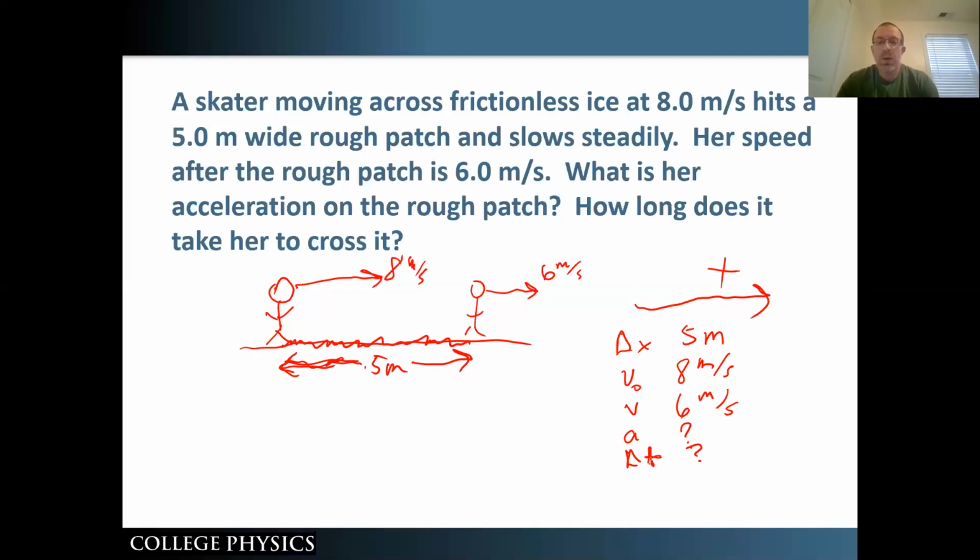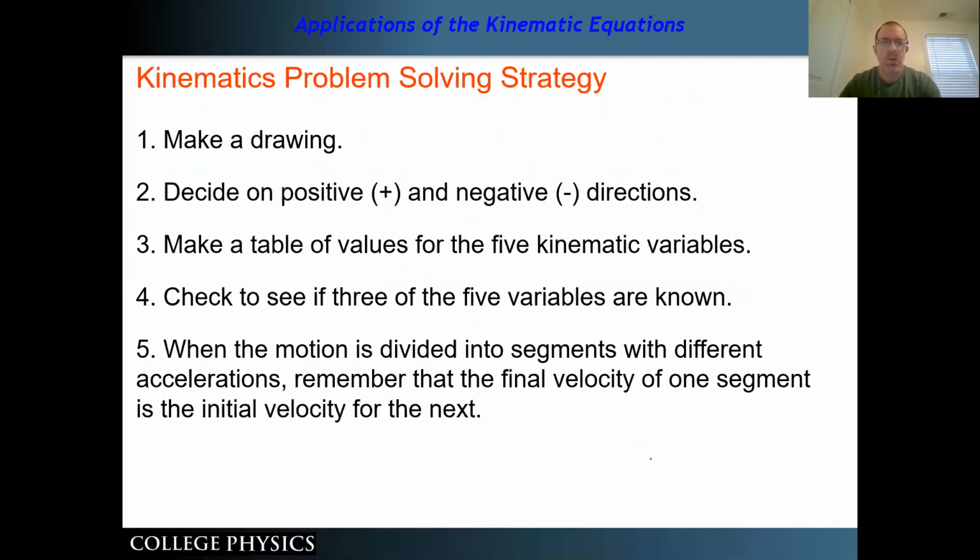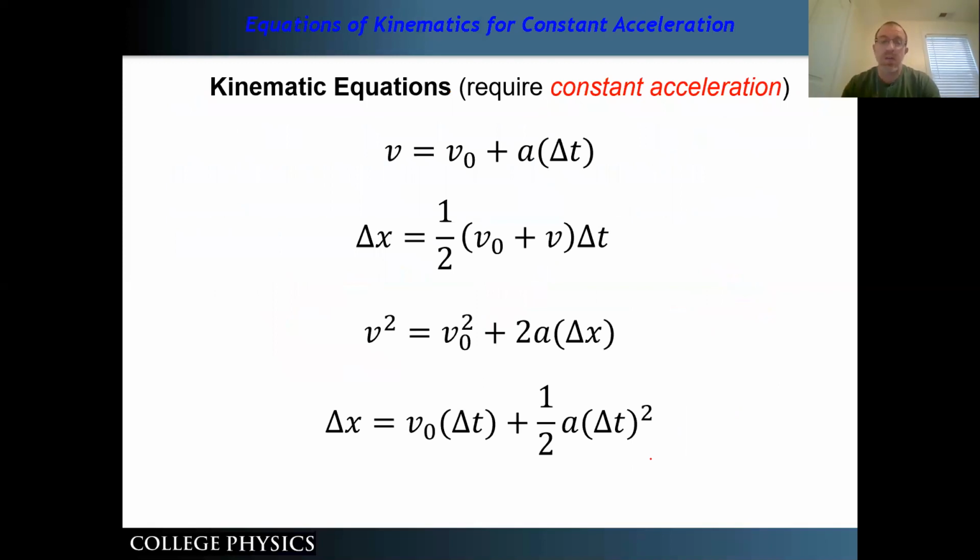So now what? Well, now we think back to those kinematic equations that I had on the slide a couple slides ago, and we pick out one that might help us out. So let's try and solve for acceleration first. We've got final velocity, we've got initial velocity, we've got displacement, and we want to solve for acceleration.